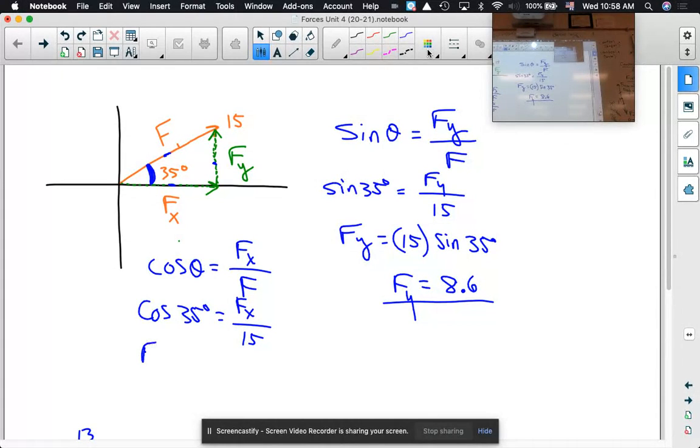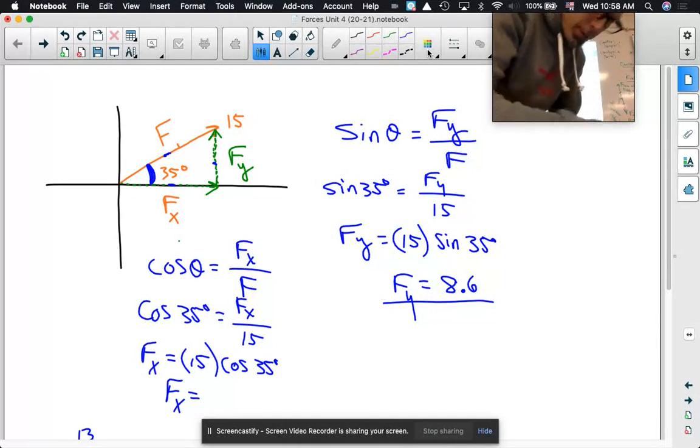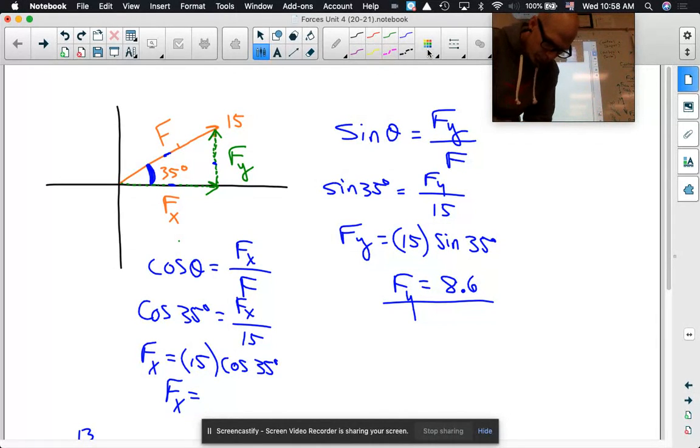And so fx, the x component, is 15 times the cos of 35 degrees. So the x component is 15 times the cos of 35, which is 12.29.